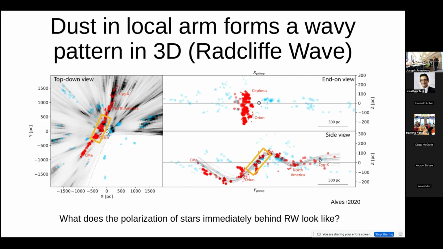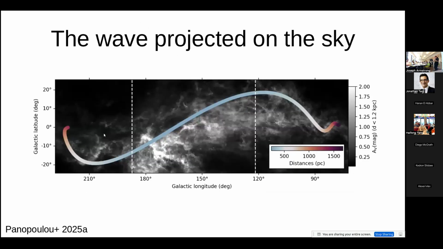So for now, what I'm going to show you is what the polarization of stars is telling us for the magnetic field and the structure, focusing first on this really smaller region around the nearest approach of this feature to the sun. Okay, so I'm going to change our view again, and now we're going to go from 3D to 2D on the sky, which is where all our observables are.